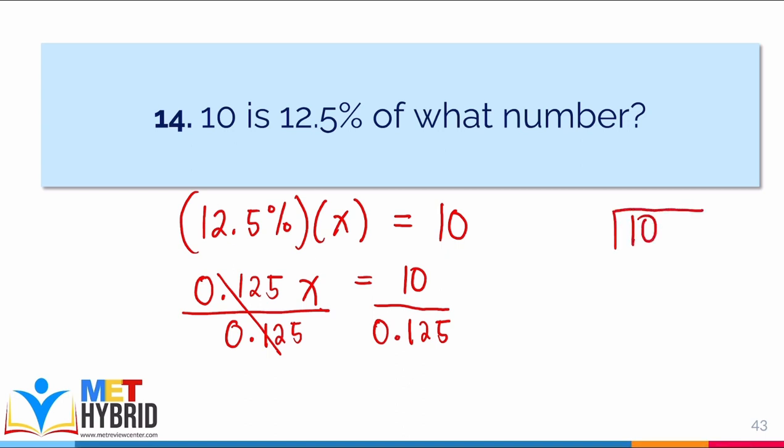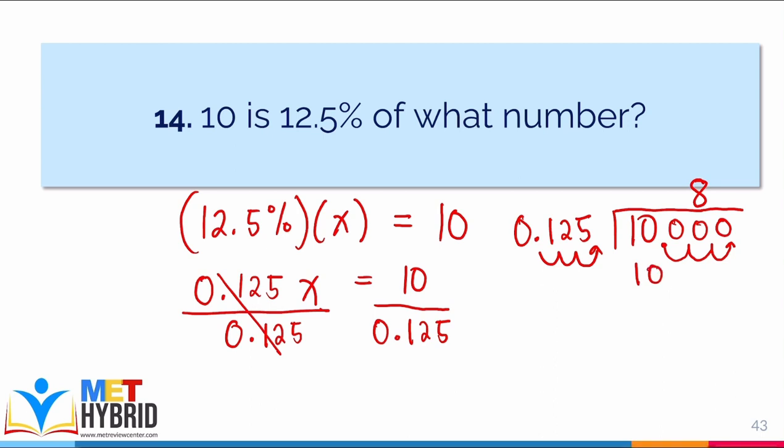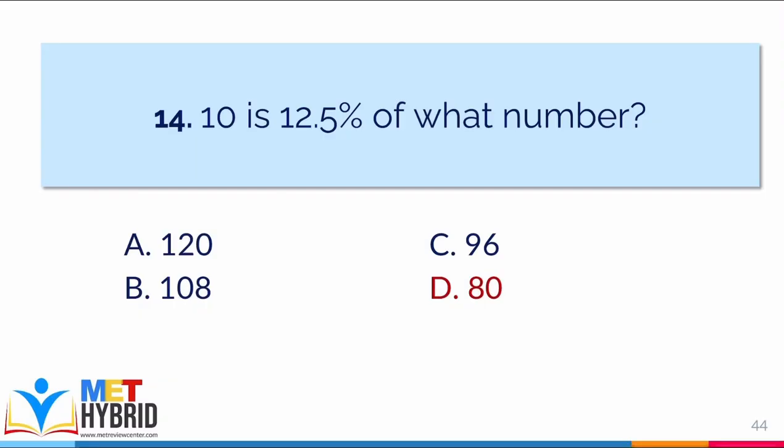We move the decimal places to the right 3 times. 10,000 divided by 125 gets 80. Therefore, our answer is letter D, 80.